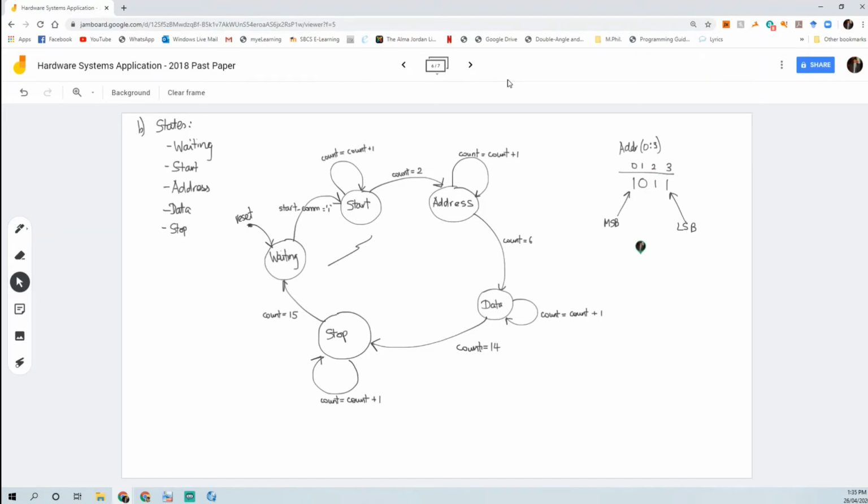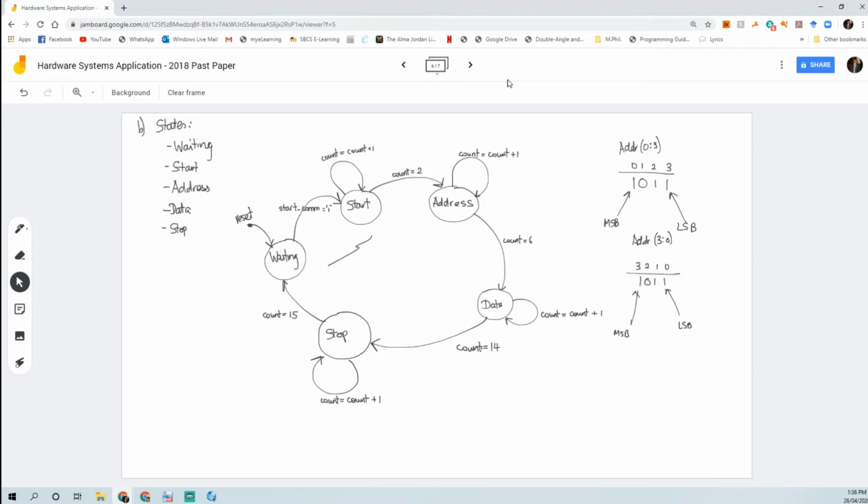If I was using the same address, 1011, but I was declaring the vector as address 3 down to 0, then what that means is that while this is still the most significant bit in the bit string, and this is still the least significant bit, the indices change to 3, 2, 1, 0.